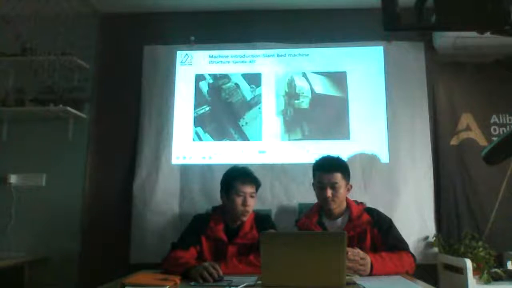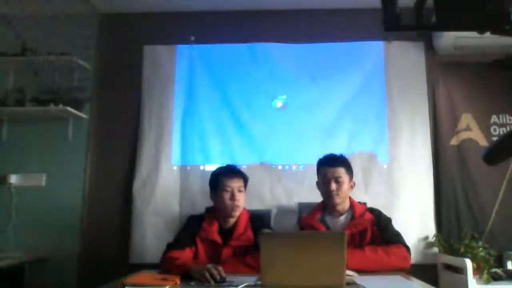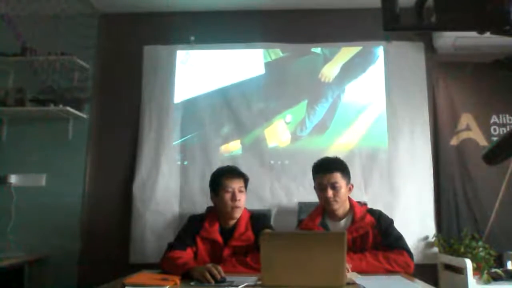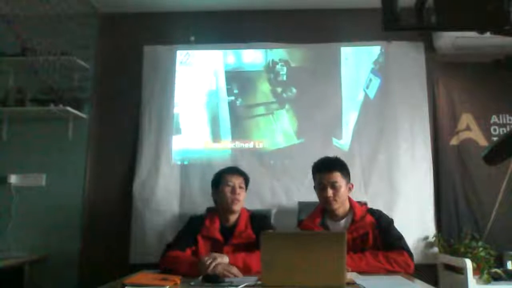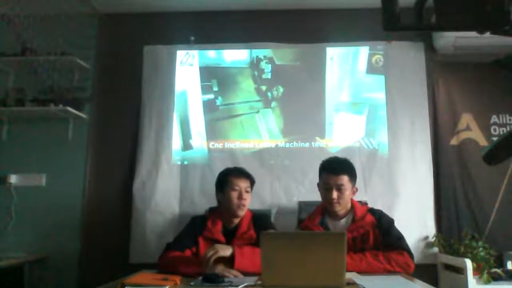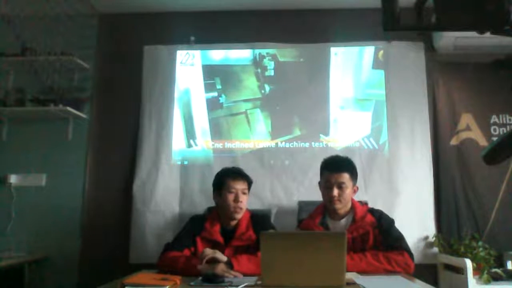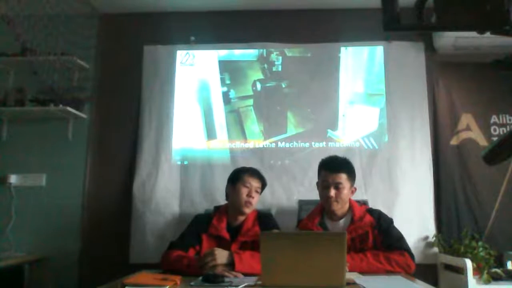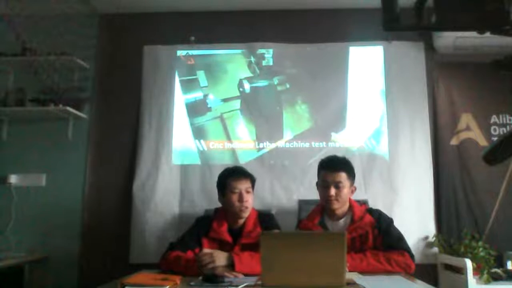Okay, there are videos I want you to see. You can see this is the finished machine model, and the tools we are doing a machine test before this machine shipped.